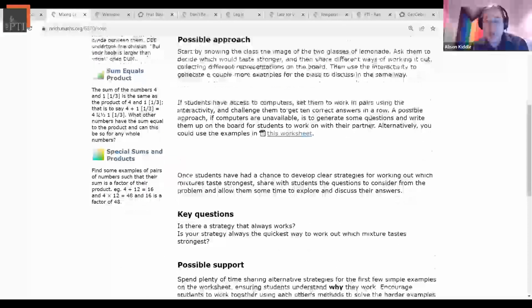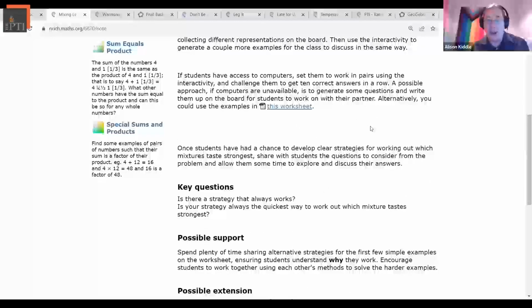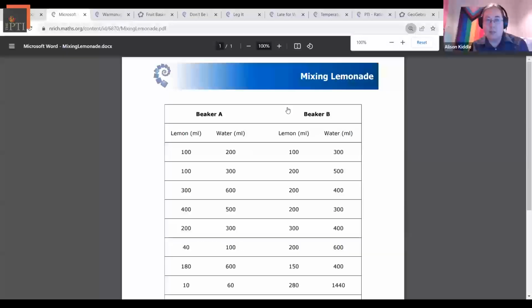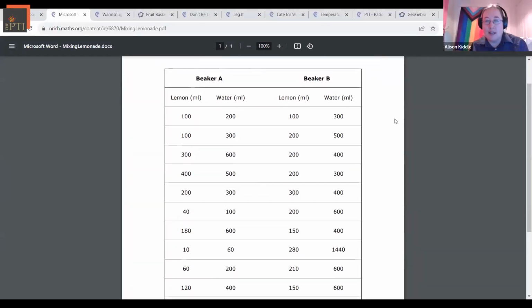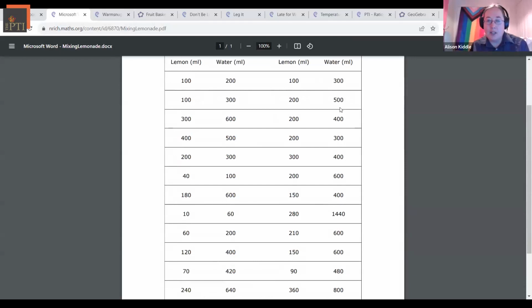So you can get everybody working together on an example together off the board, but you can also use this worksheet, which just has some generated examples. So on the left column, you've got the lemon and water for beaker A. In the right column, you've got the lemon and water for beaker B. And you can just invite students to go down and have a go at these.